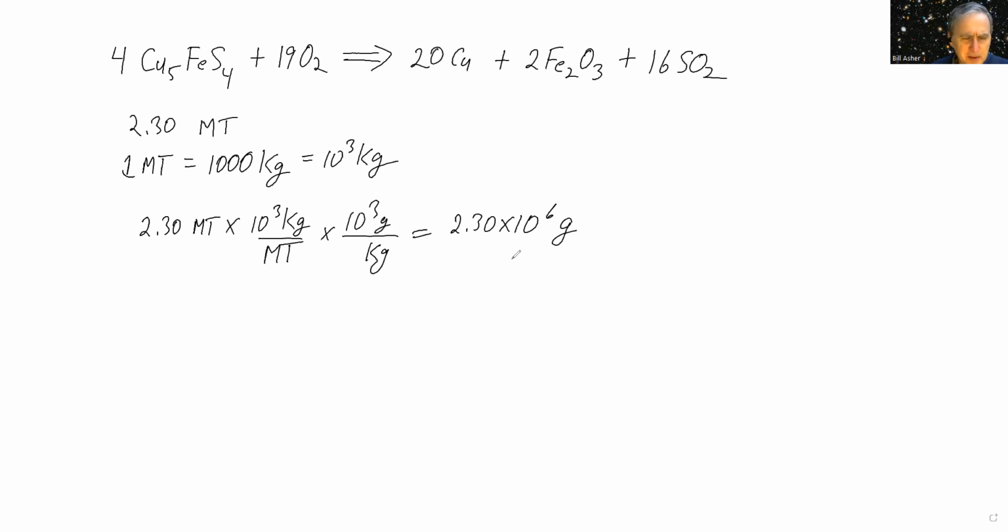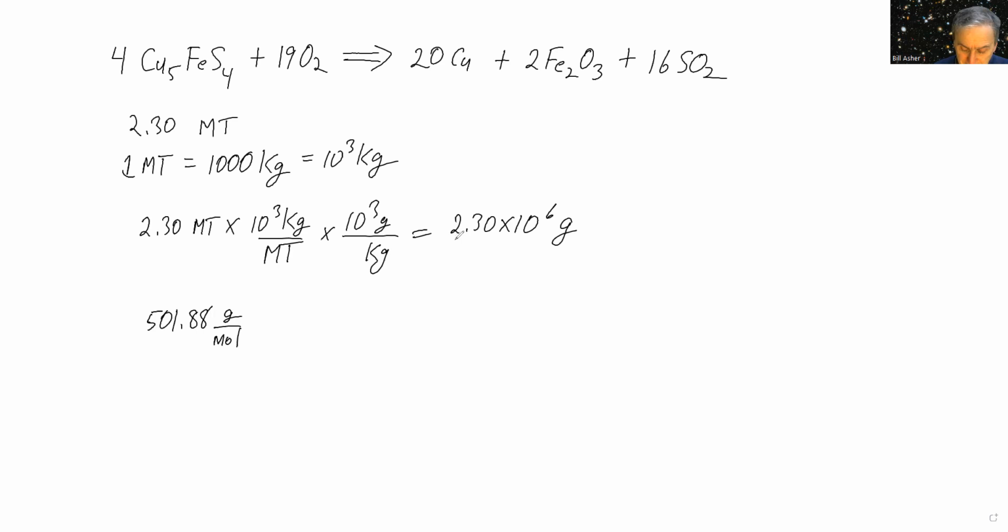And then it says, how many moles of copper atoms are there in 2.3 metric tons of Bornite? Well, first thing we need to know, moles of copper atoms. I give you the molecular weight of Bornite, the formula mass, and it's 501.88 grams per mole.